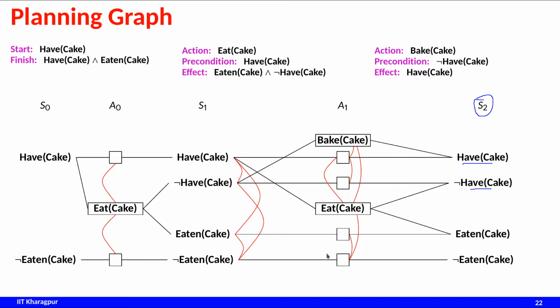Similarly on this front, eaten cake and not eaten cake will be mutually exclusive because these two actions can only be generated from this set of literals, and they are mutually exclusive. So they are mutex actions.